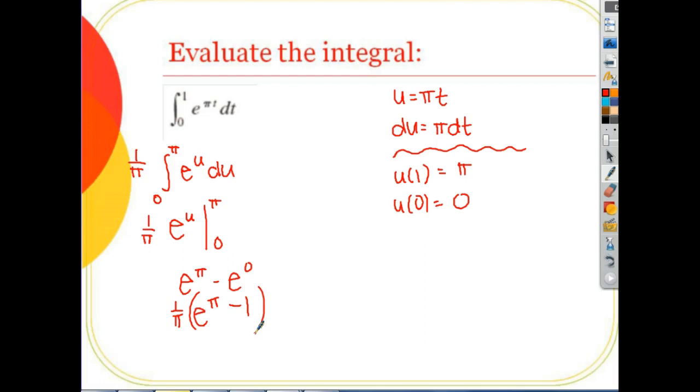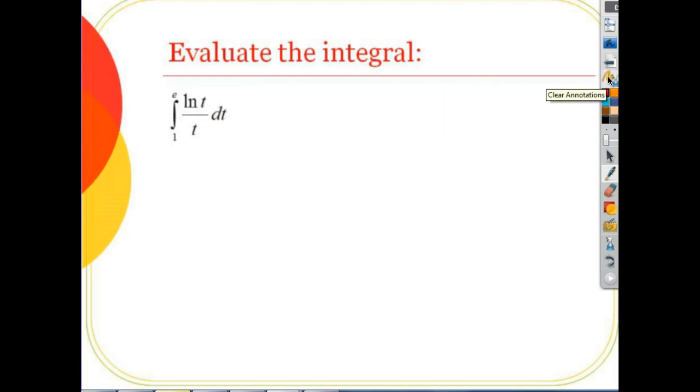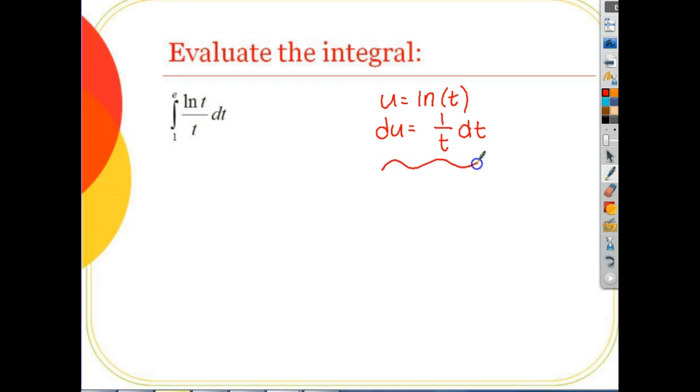What's the next one? What's my u going to be? Ln of t. Very good. So the derivative of the natural log of t becomes 1 over t. Change our bounds.